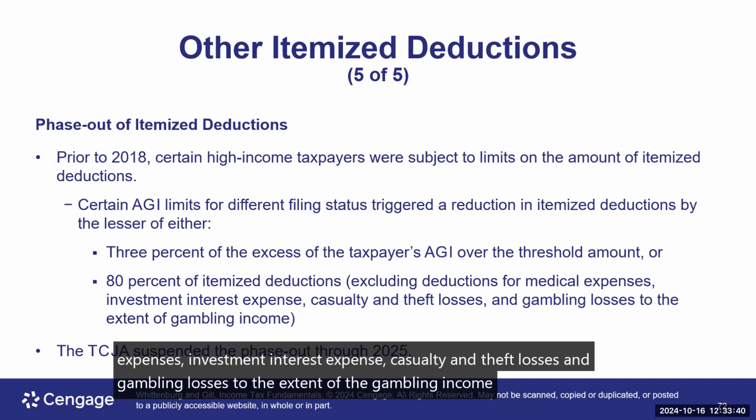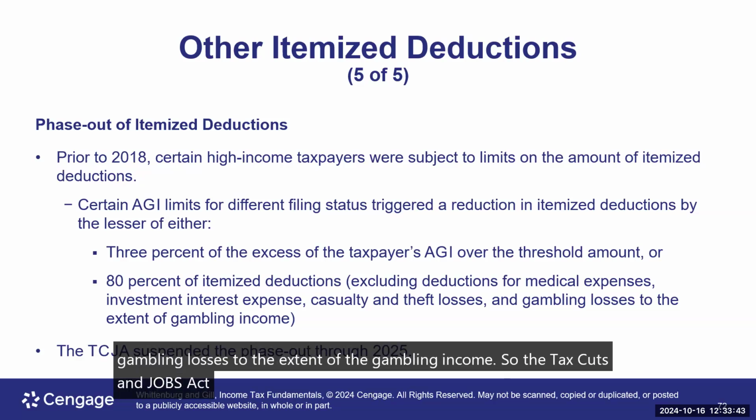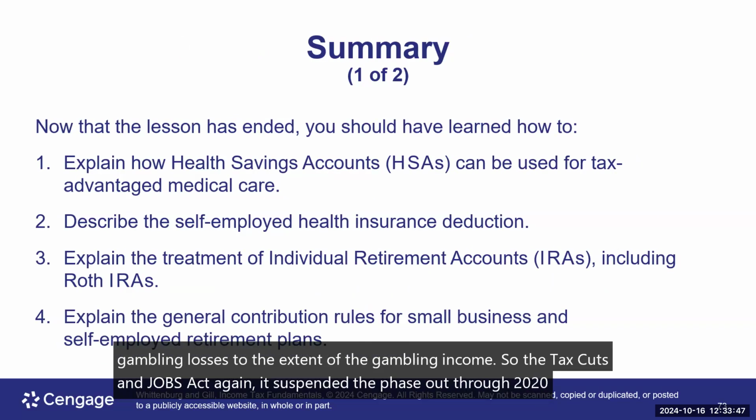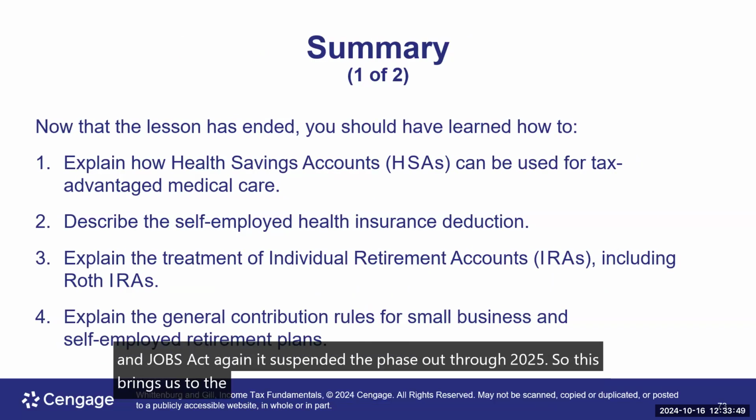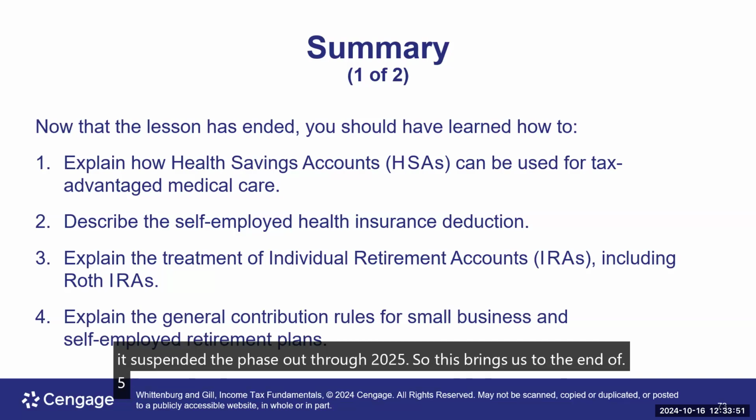The Tax Cuts and Jobs Act, again, suspended the phase out through 2025. So this brings us to the end of chapter 5, deductions for and from AGI.